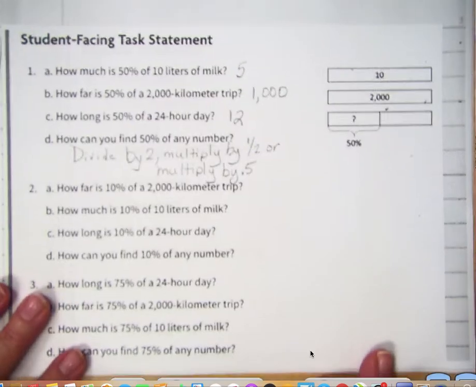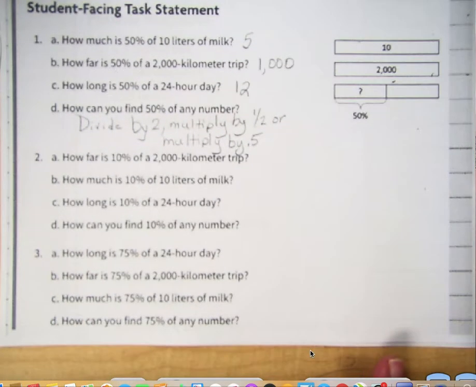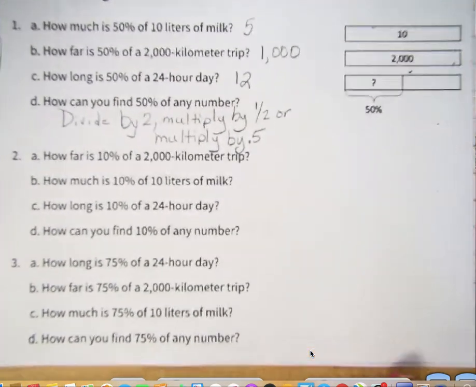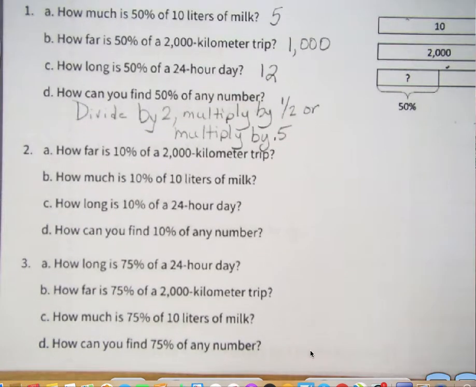Okay? Can y'all see that? It seems kind of light to me. Maybe I need to pick up my ink pen again.